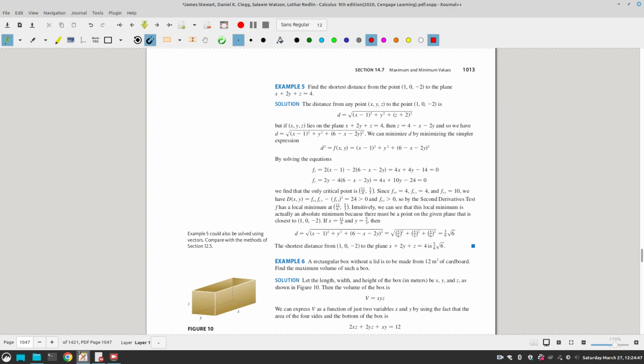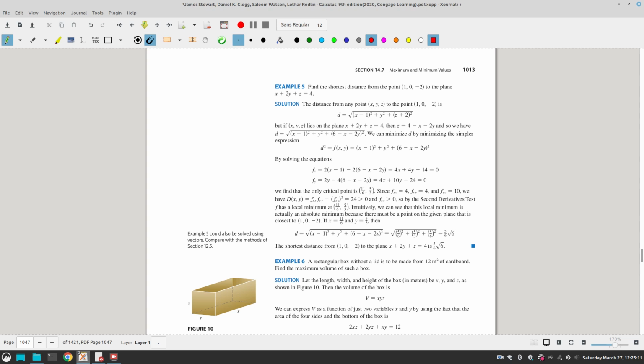So the shortest distance would be the distance along the perpendicular to the plane. We could solve it using vector methods, but we could also solve it using what we've learned here, right?